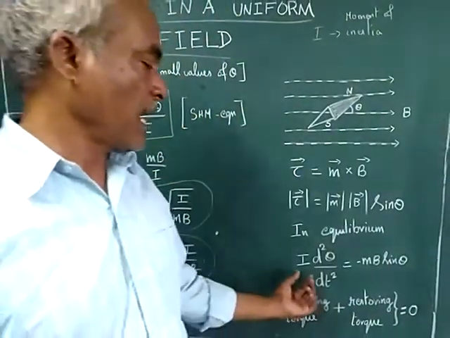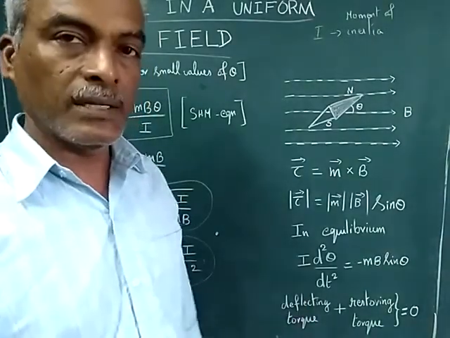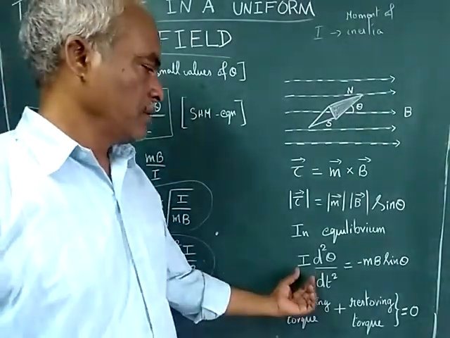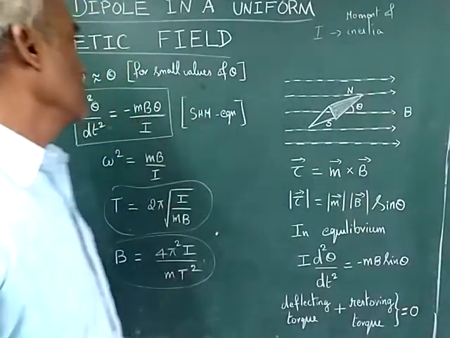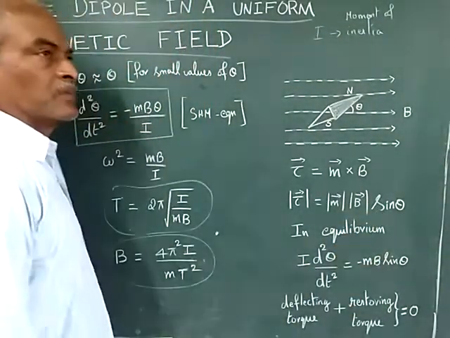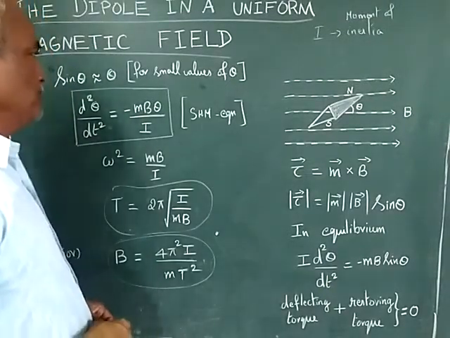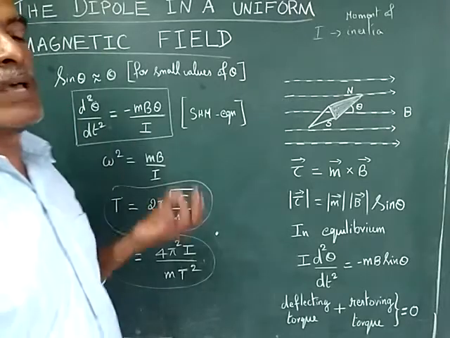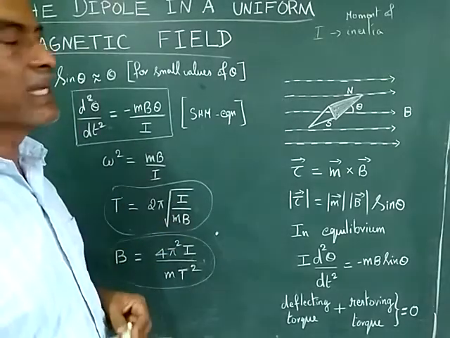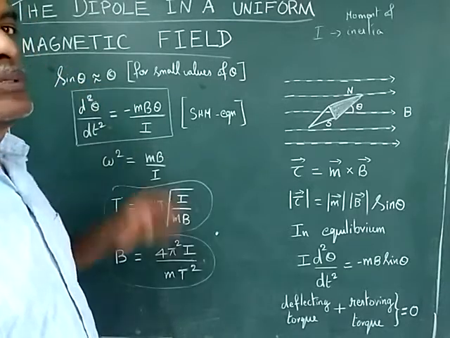Here I is the moment of inertia. It is not current, it is moment of inertia. Now suppose theta is very small. For small values of theta in radians, we can say sin theta is approximately equal to theta.